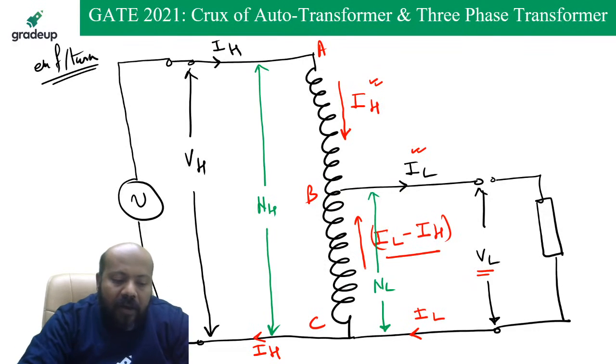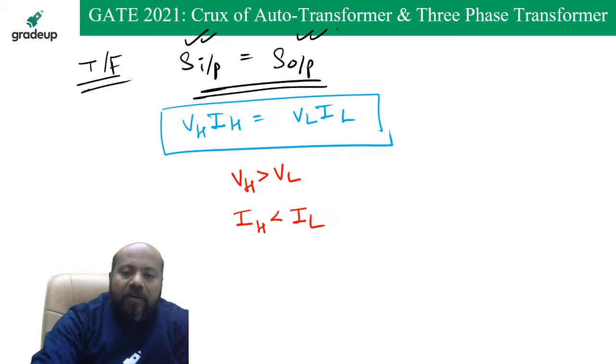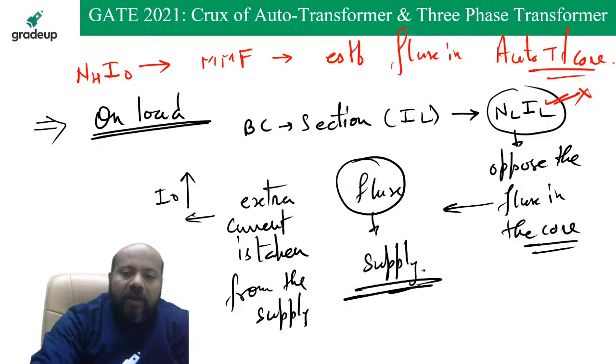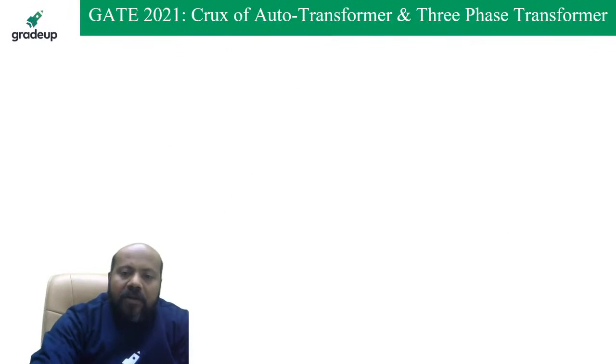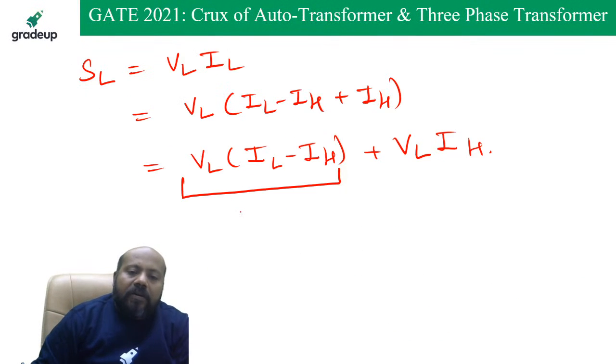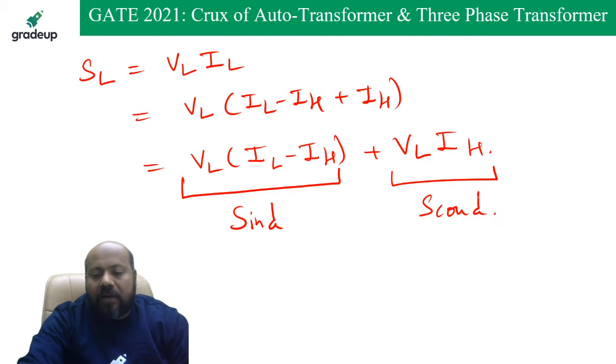This is going to be the power being transformed by the BC section of the winding. And you know, the BC section of the winding is going to transform the power inductively. It means this power is going to be inductively transformed. And what is the power which is conductively transformed? The remaining power, VLIH.